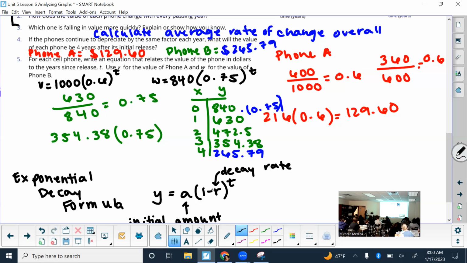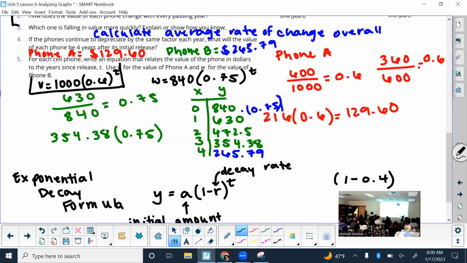Well, 0.4 is what we were decreasing by. So if we wanted it to look like this, we could write 1 minus the 0.4, and that's how they're getting the 0.6. But since we already know what they're multiplying by each time, the common ratio, we can jump to that now. All right, and that's how we make the equation.